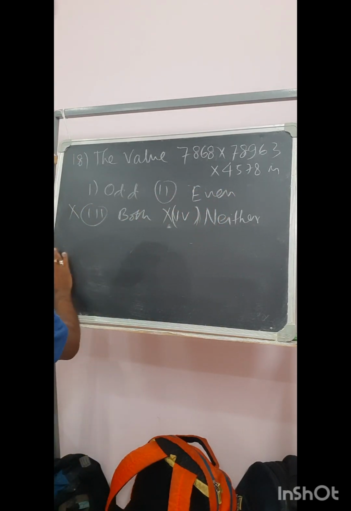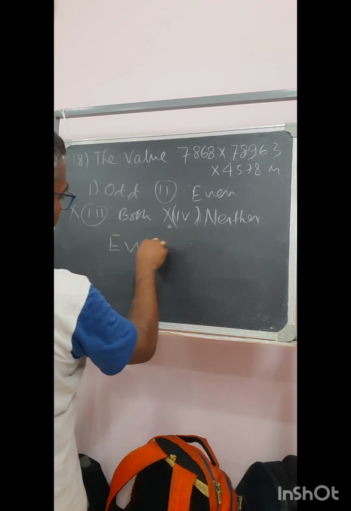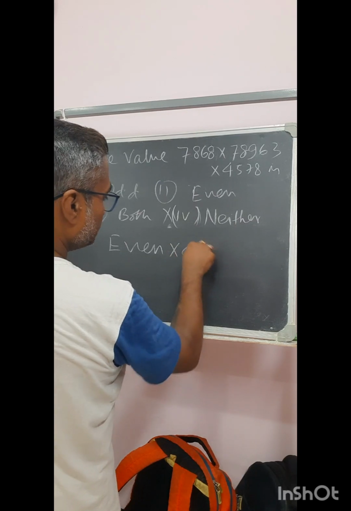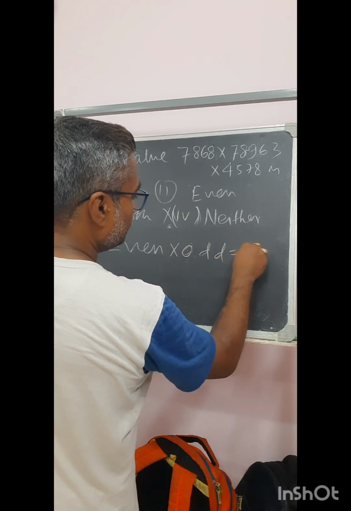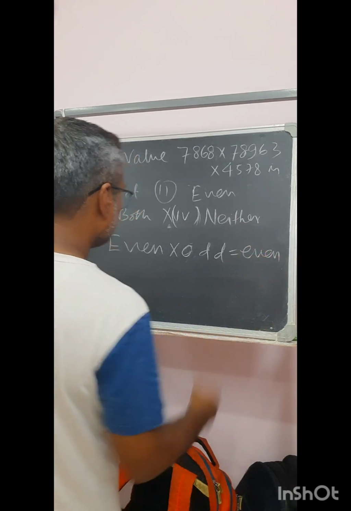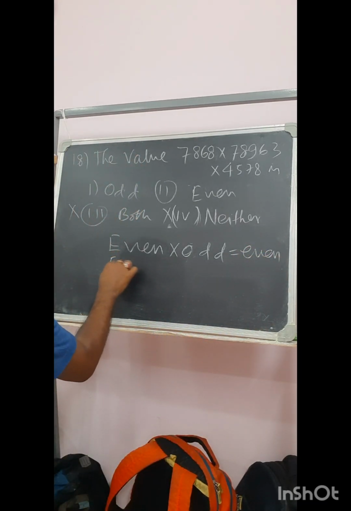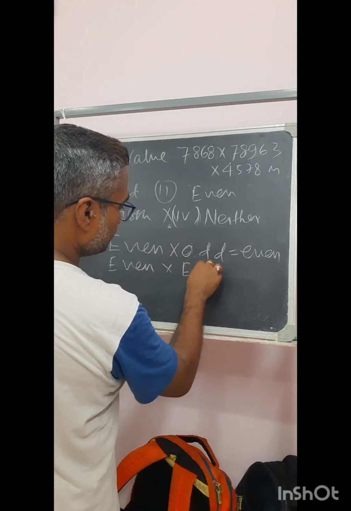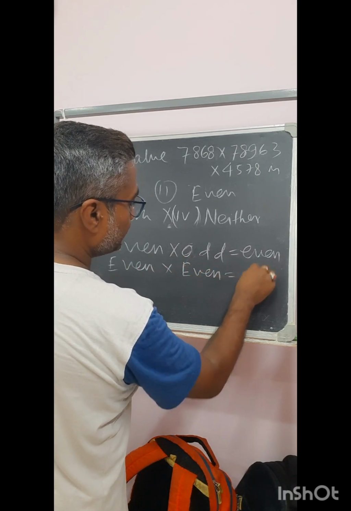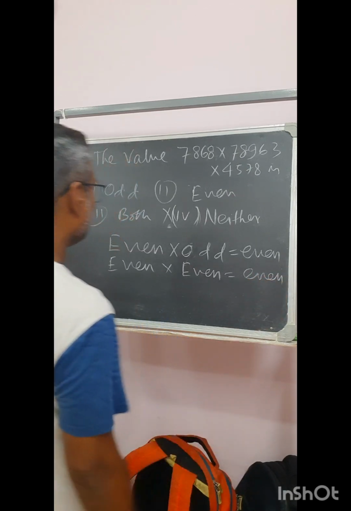One concept is very clear and very easy to understand. If I multiply even with any odd, it will give you even. And if I multiply any even with any even, then also I will find even. There is no ambiguity in that.